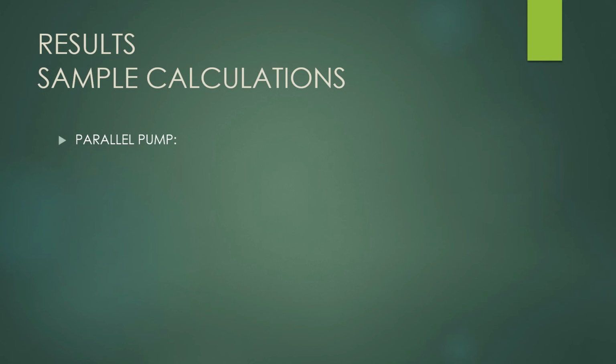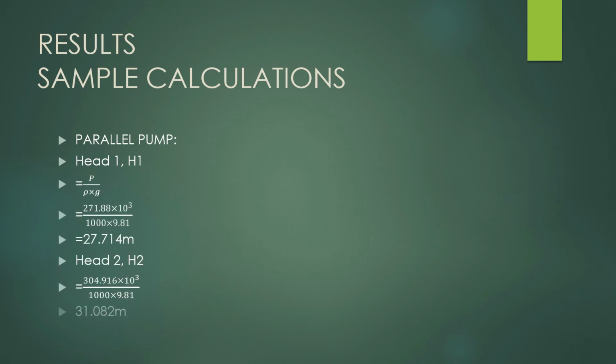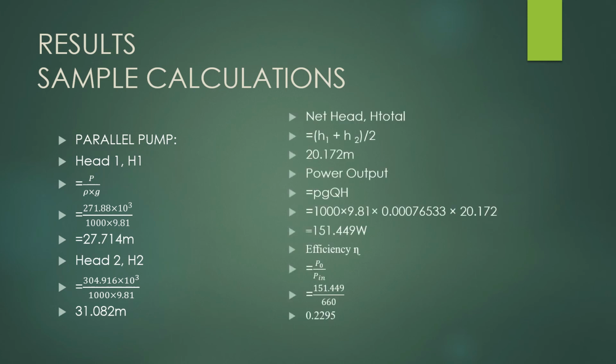So for the parallel pump, we still have two heads, H1 and H2. So H1 is equal to 27.714 meter and H2 is equal to 31.082 meter. Then we have to find the net head, which is H total.